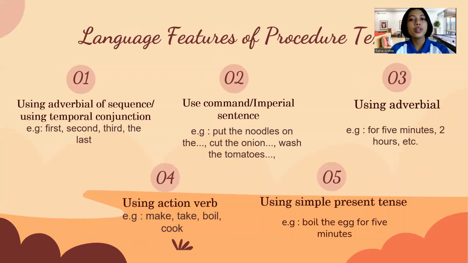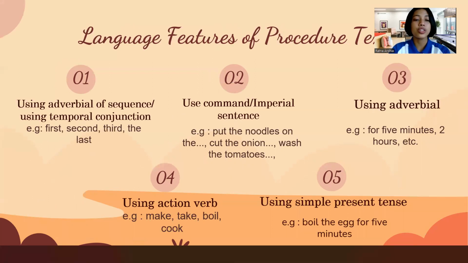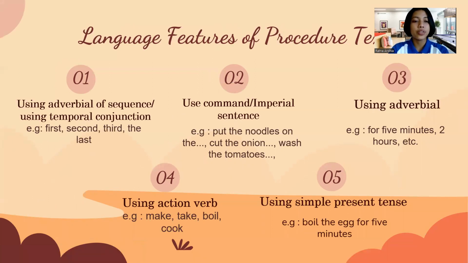And now we move to language features of procedure text. The first one is using adverbial of sequence or using temporal conjunction. For example, first, second, third, and last. Second one is use command or imperative sentence. For example, put the noodles on the blah, blah, blah, cut the onion, wash the tomatoes, and etc. And the third one is using adverbial.